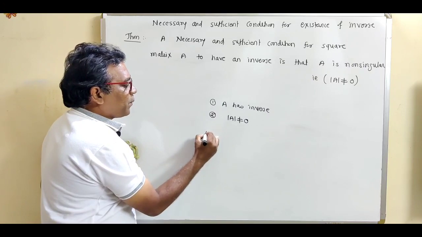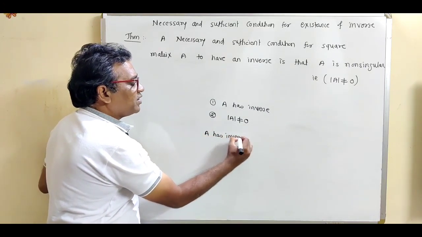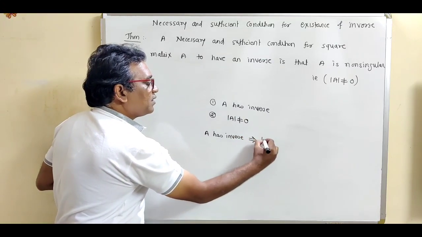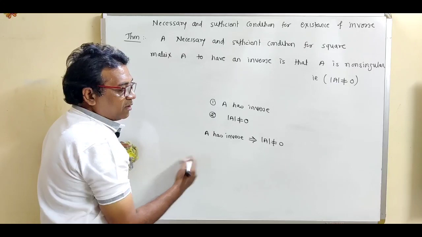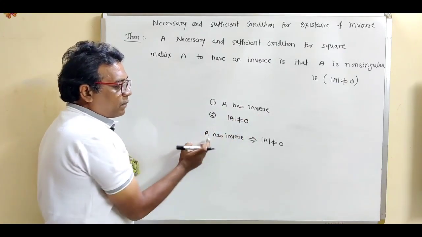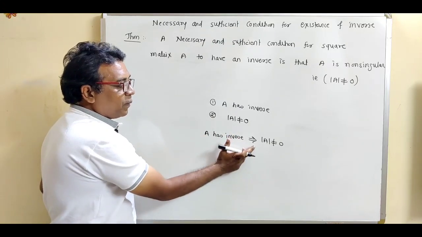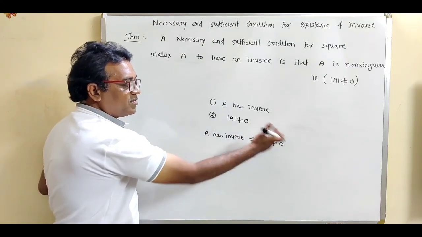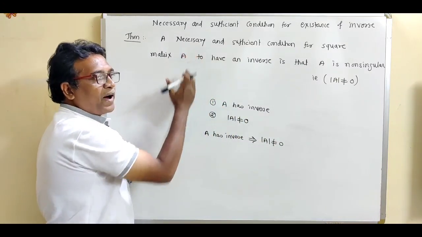Necessary part means suppose that the matrix A has inverse and prove that determinant of A not equal to 0. Necessary part means assume that matrix A has inverse, and by using this condition prove that A is a non-singular matrix.